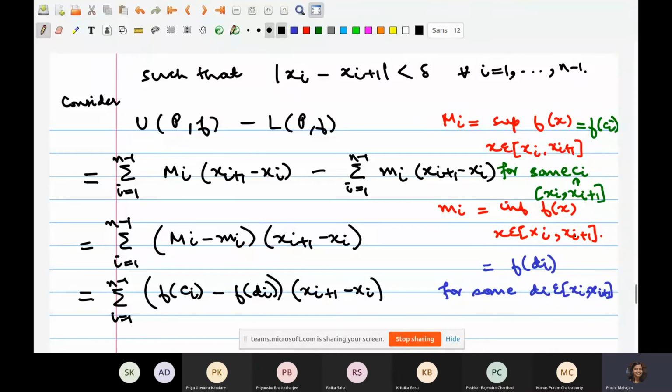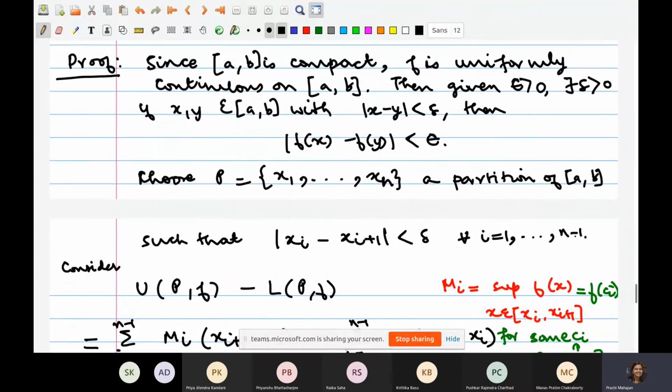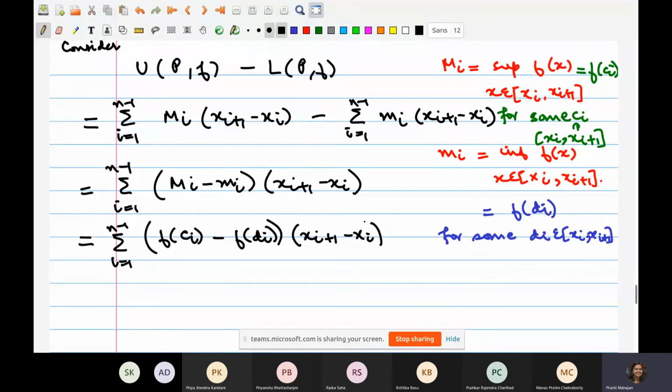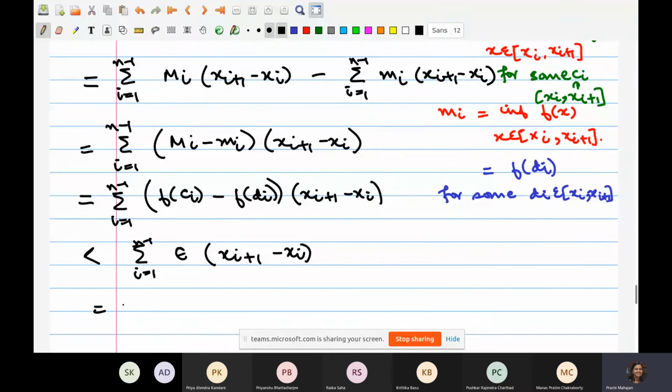Remember, the length of the ith subinterval has been very carefully chosen as at most delta, which means that I can appeal to the uniform continuity of f to say that the values f of ci and f of di are at most epsilon apart. So this is at most epsilon, which means that I can pull this out. This is epsilon times b minus a.